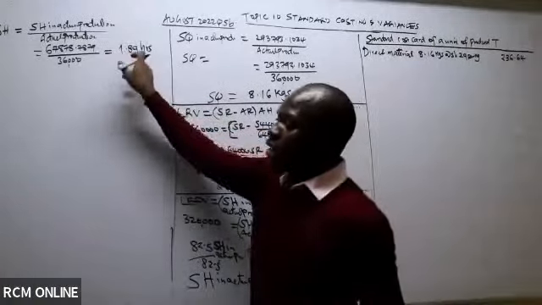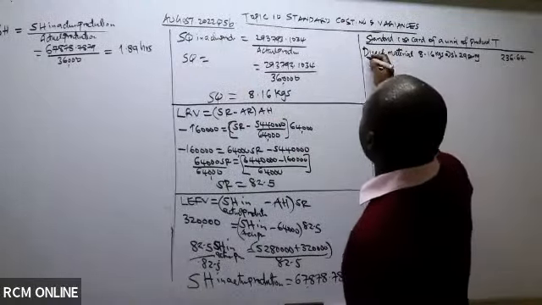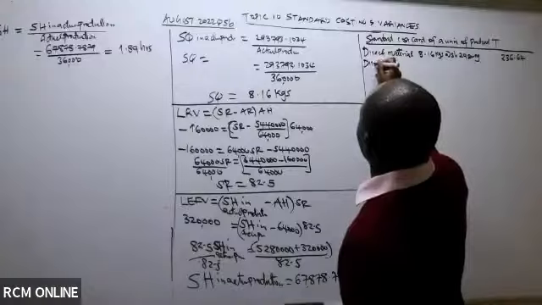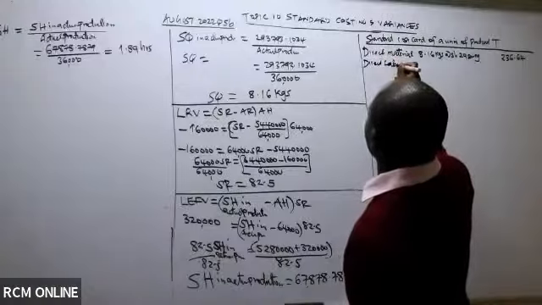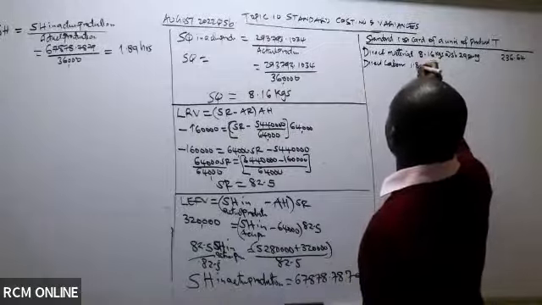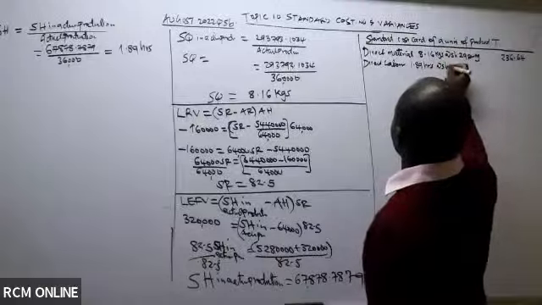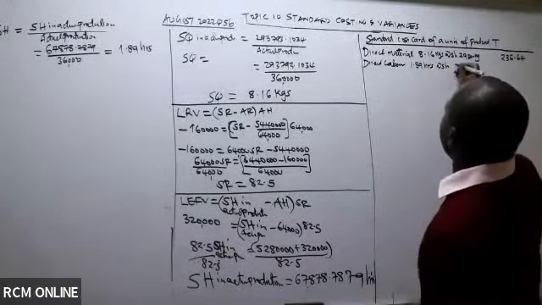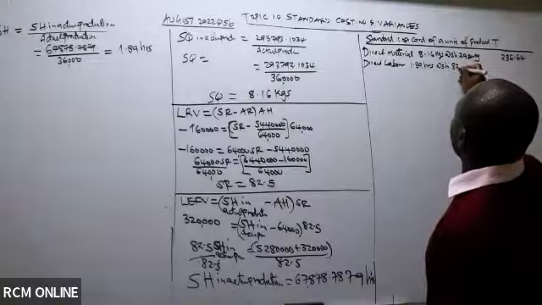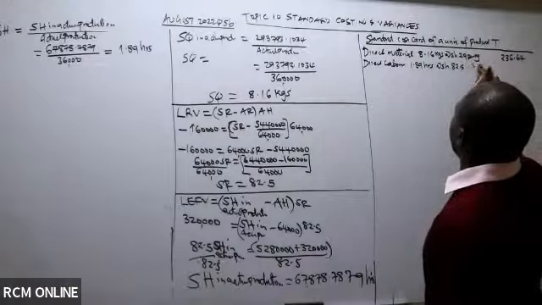we need 1.89 hours. So if I have to come up with a standard cost card, direct labor will be 1.89 hours at the rate of 82.5 shillings per hour.